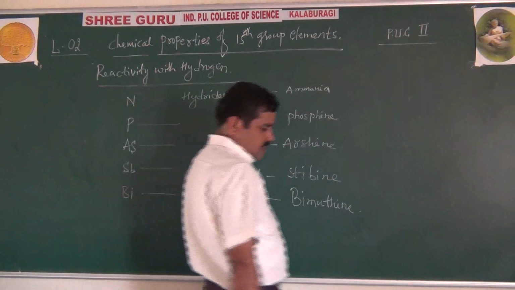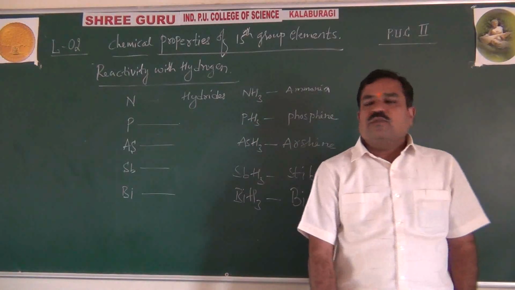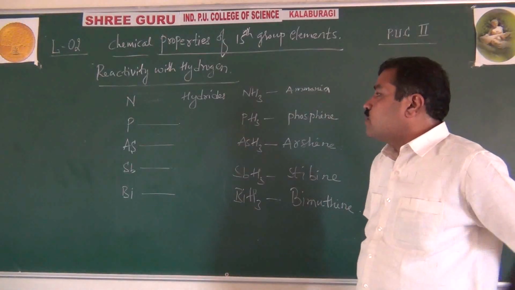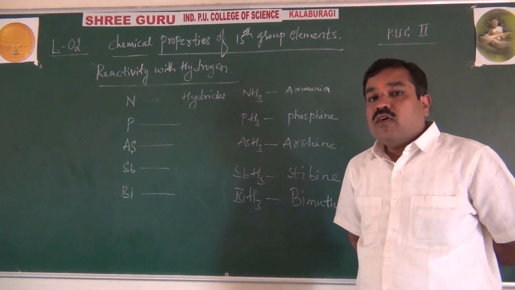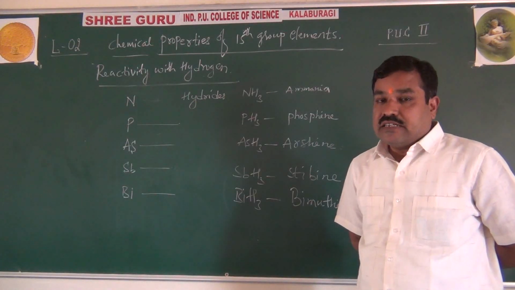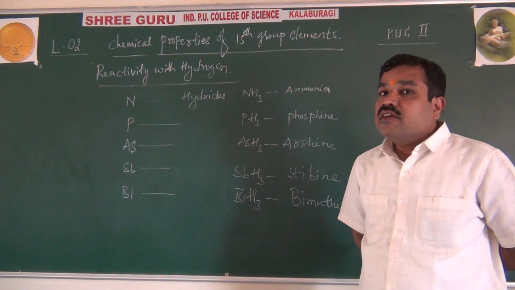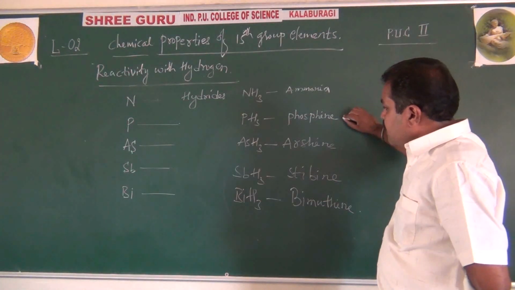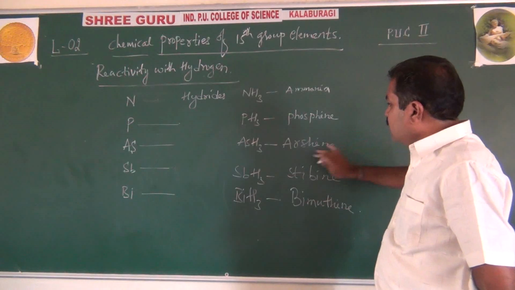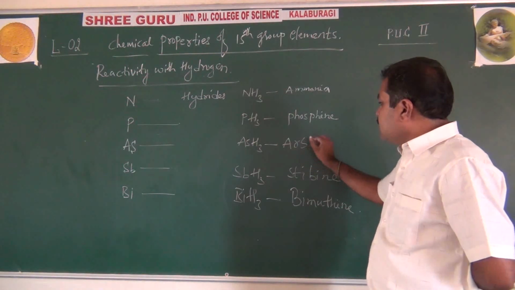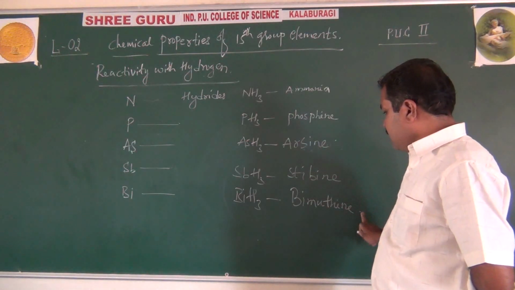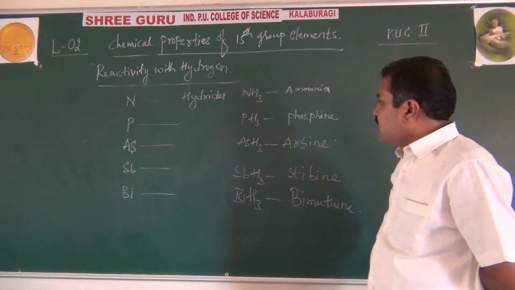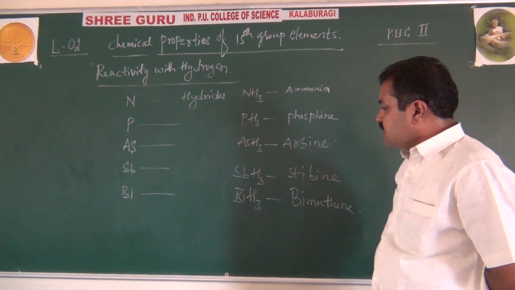That means the 15 group elements react with hydrogen and form respective hydrides of the type EH3. Remember, NH3, PH3, AsH3, SbH3 and BiH3.